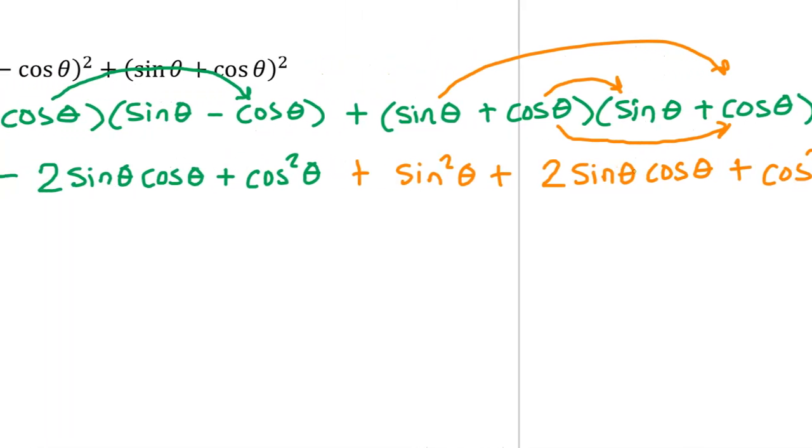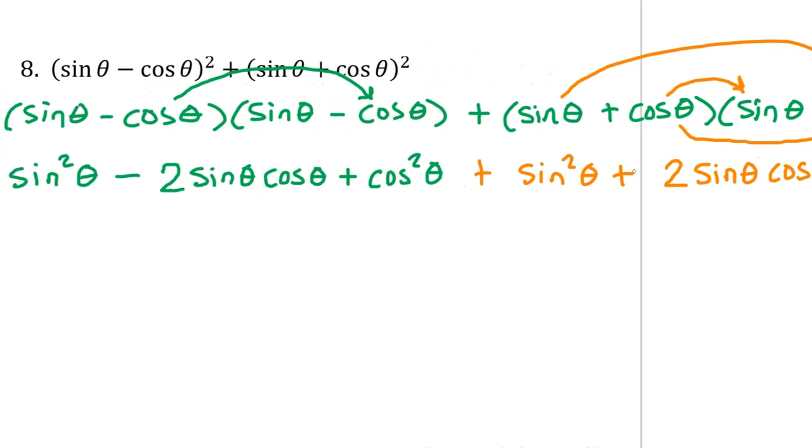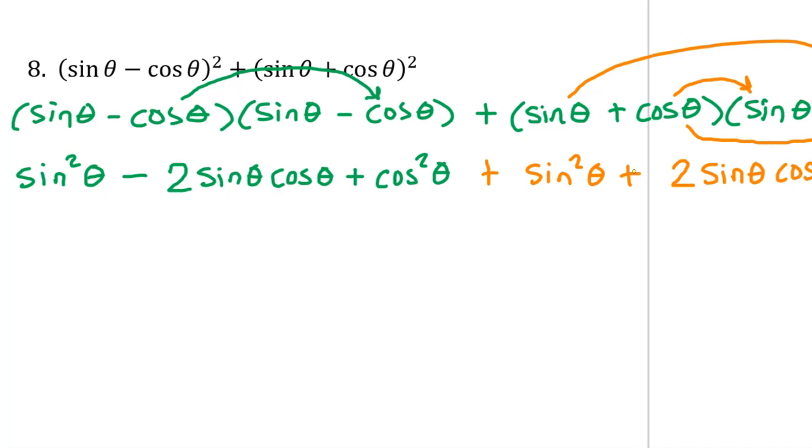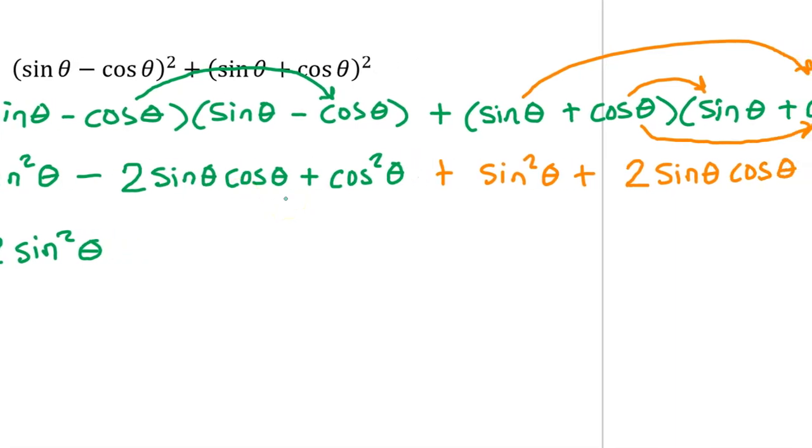So, scanning back and looking for like terms, I see that we have sine squared theta plus sine squared theta. That is 2 sine squared theta. 2 of those going on. Then I see that we have negative 2 sine theta cosine theta plus 2 sine theta cosine theta.